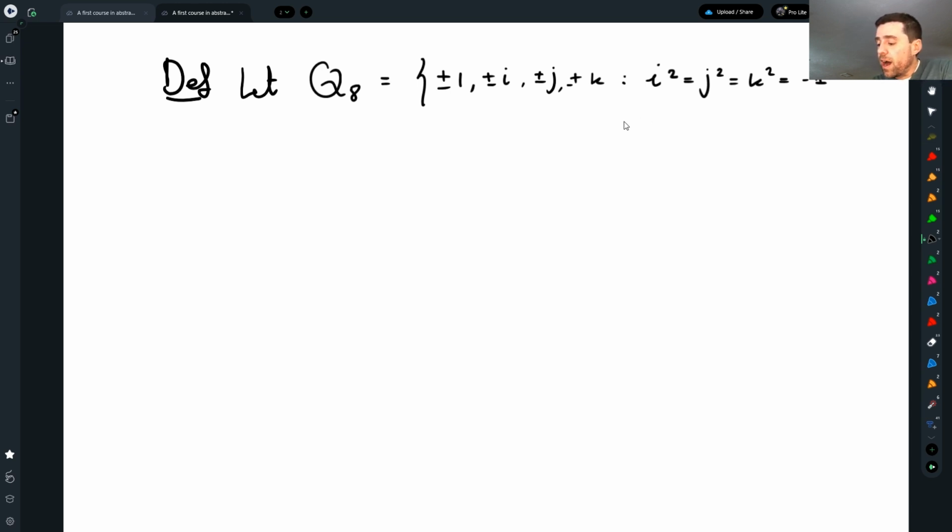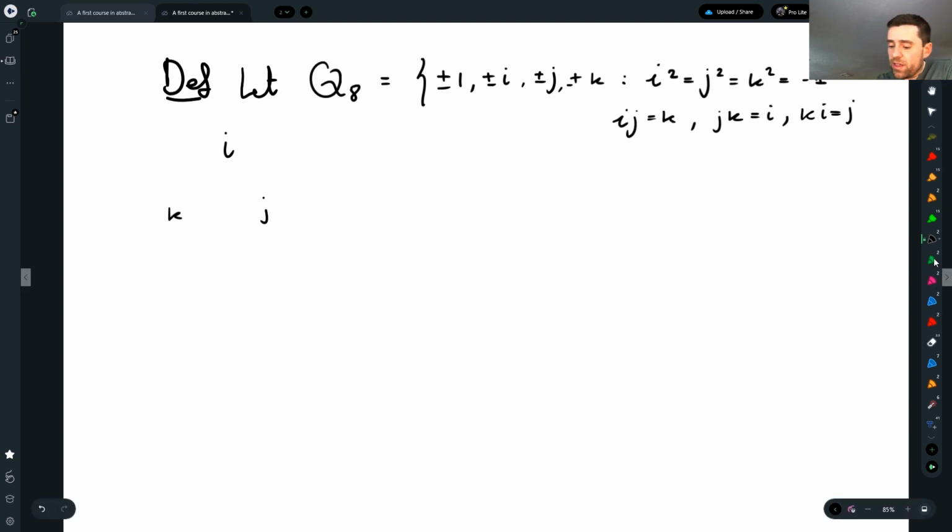We have that i times j equals k, that j times k equals i, that k times i equals j. You can remember this if you write i, j, and k. If we go in this direction, then we get the next one.